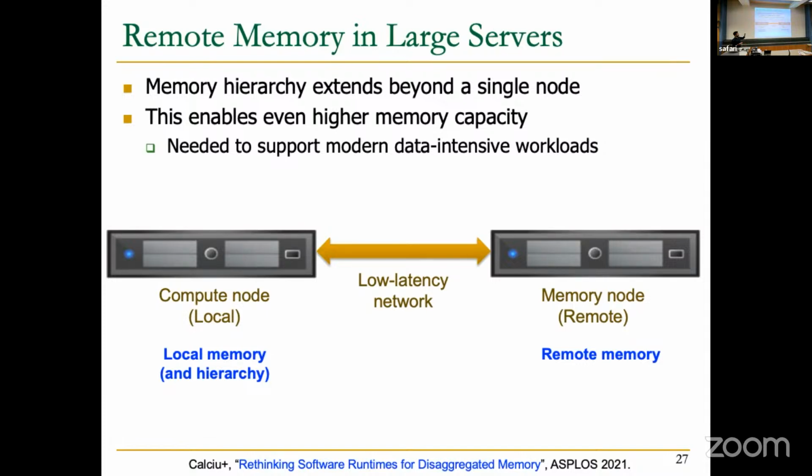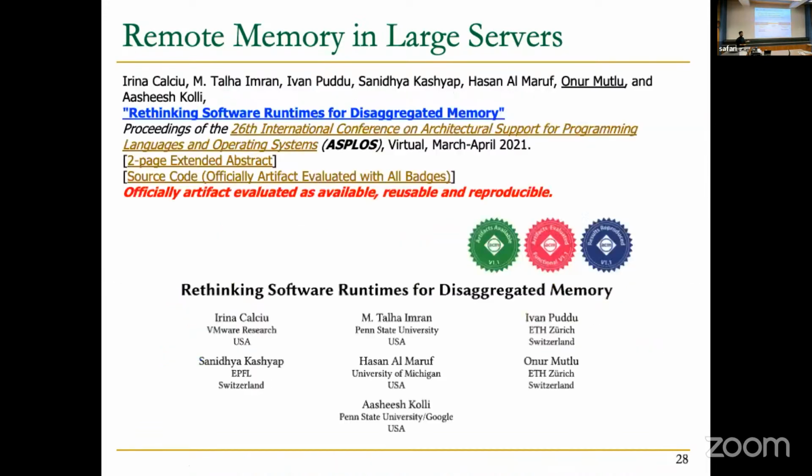So your memory can expand from not just one node, but to a different node, probably sitting somewhere in a different rack also. These memory nodes are connected to the compute node based on some low latency network, but still visible from this compute node. So in that case, how exactly are you going to prefetch?